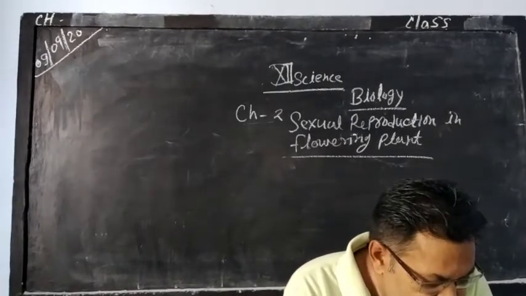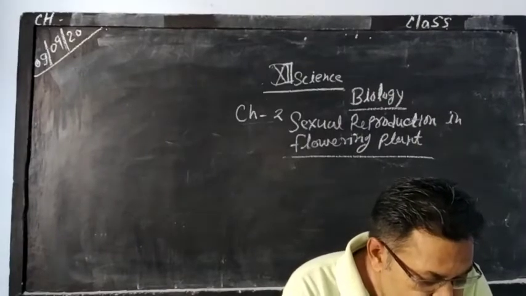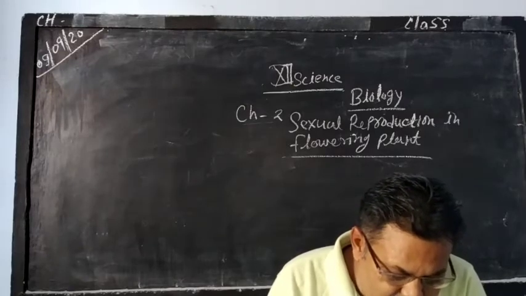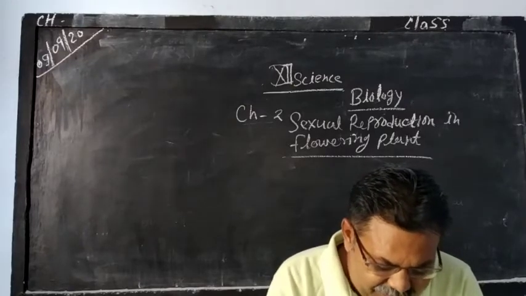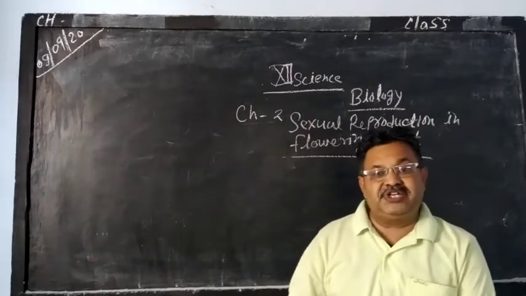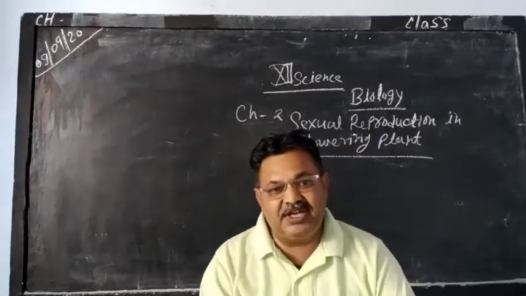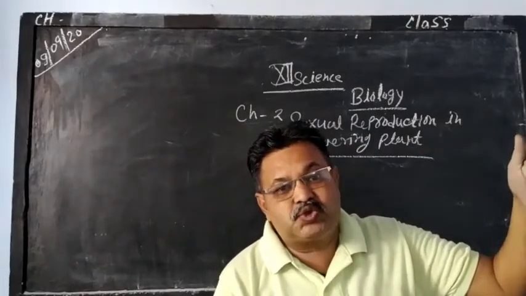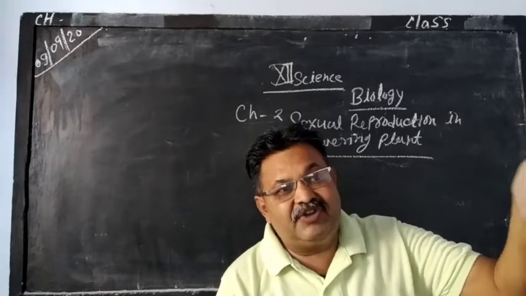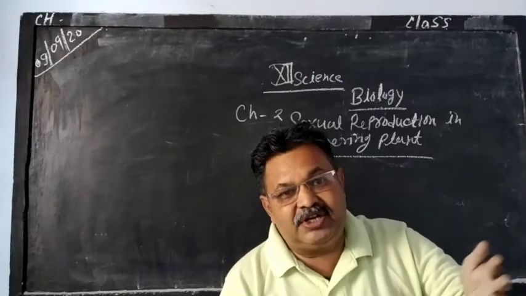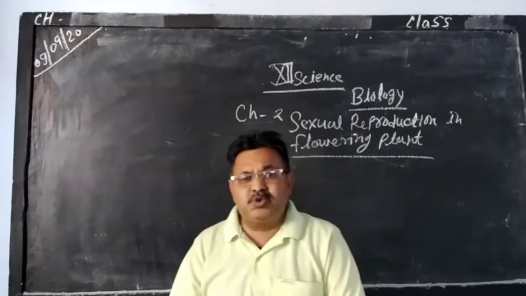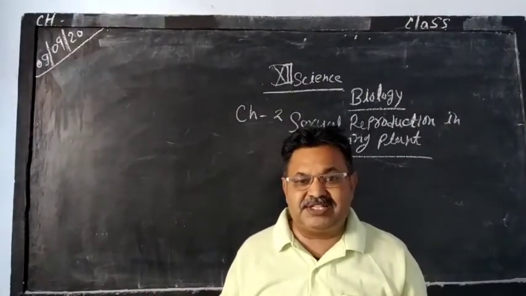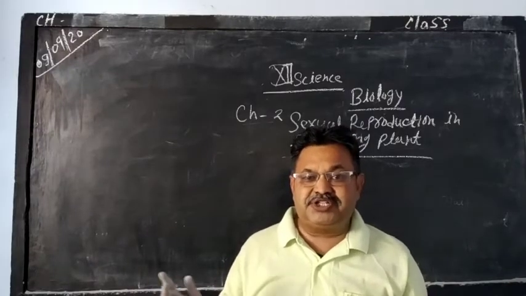Next one is the biological importance of seed dispersal. The biological importance of seed dispersal is that seeds are moved from one place to another, and different varieties of plants develop in different environments or different monsoons in different places by means of dispersion of seeds.